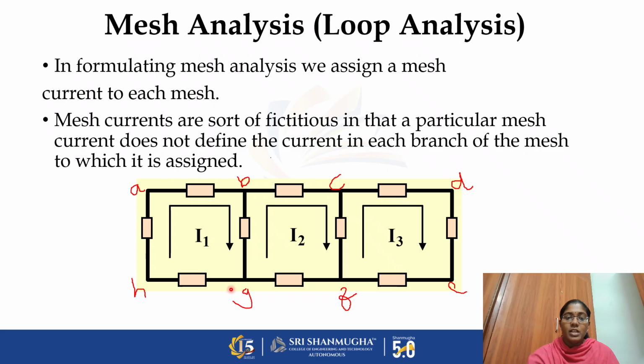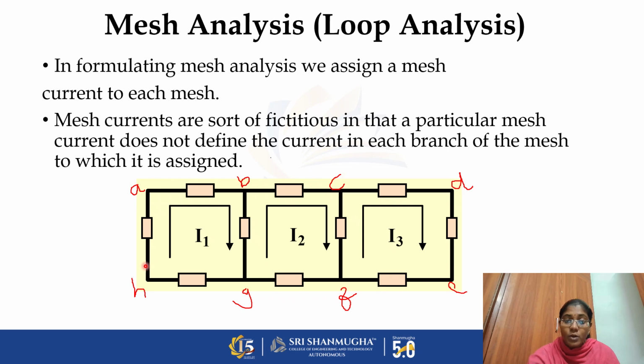A, B, G, H is a closed path which does not contain any closed path inside it. But the case A, B, C, F, G, H has another closed path, A, B, G, H, inside it. So ABGH is a mesh, but ABCFGH is a loop.